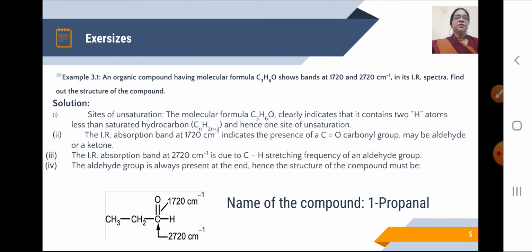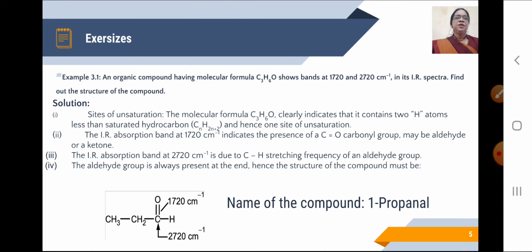Now you have been given the two frequencies, 1720 and 2720. You are given the formula C3H6O and you have to find out the structure of the compound. Now how to solve this problem. First, you see the site of unsaturation.